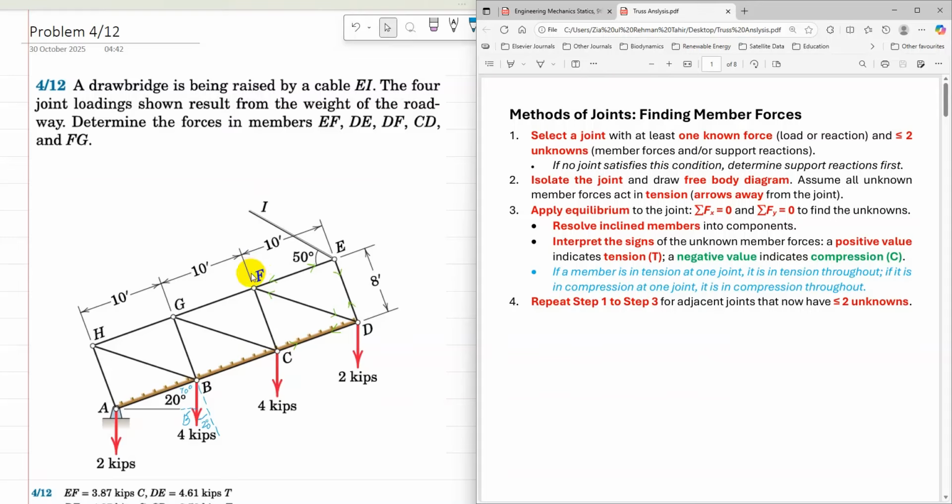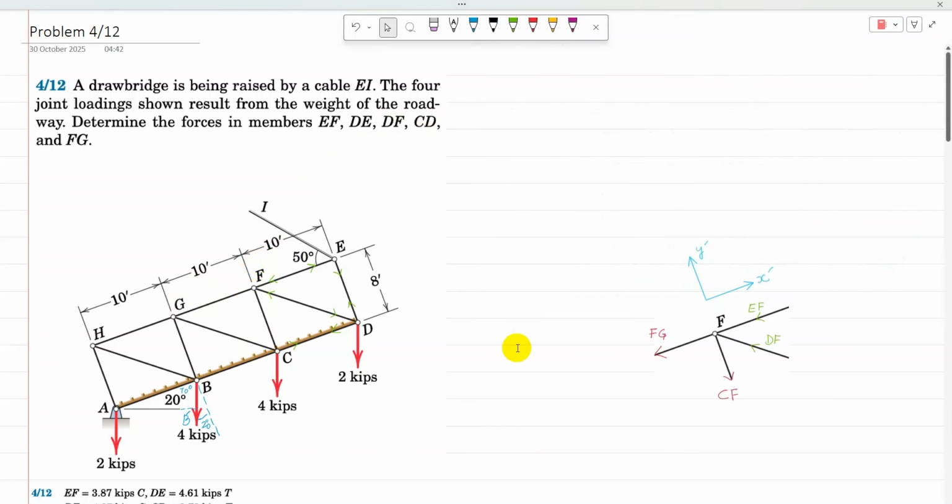So I'm going to solve joint F, because FG is the only force which is left, since CF is not required. I'm going to draw a free body diagram of joint F now. So that's the free body diagram of joint F. At joint F, FG and CF are unknown, and EF and DF are already calculated.